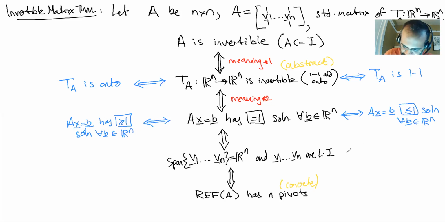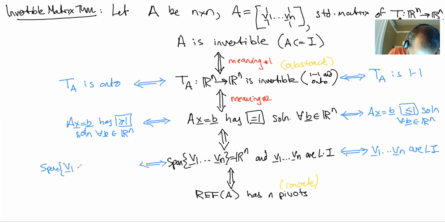Spanning is the same as being linearly independent. So it's the same thing as saying V1 through Vn are linearly independent, which is the same thing as saying the span is equal to Rn. And having n pivots is the same thing, the bottom of all of these things.